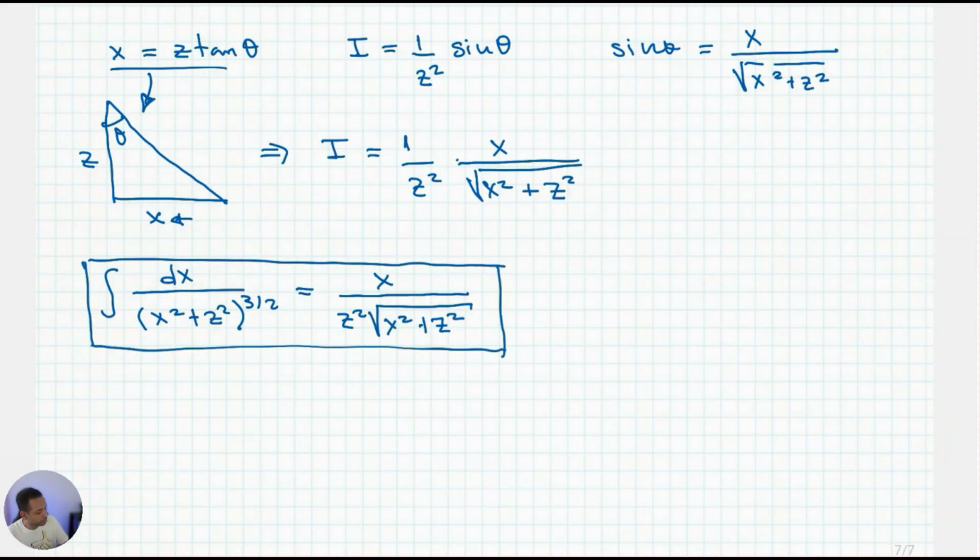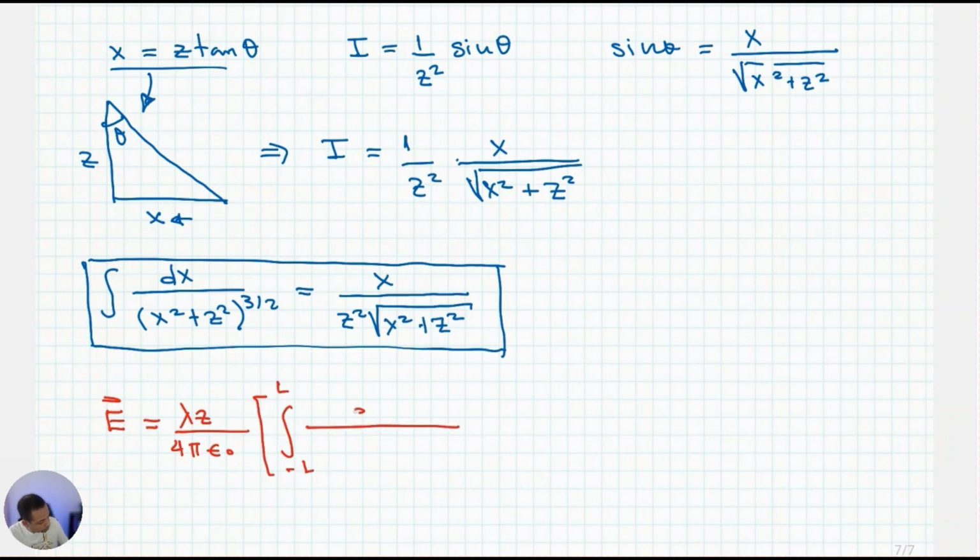So now we remember that the electric field is E equal to lambda z dividing 4 pi epsilon 0, integral from minus L to L dx over x squared plus z squared to the 3/2, in the z direction.